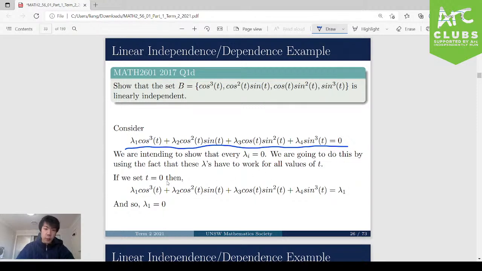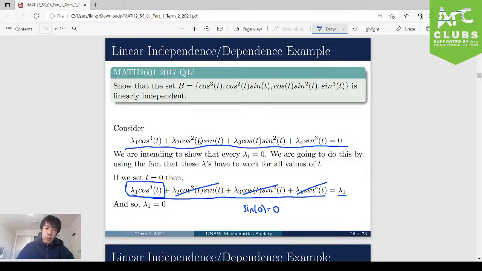So the first value we're going to sub in is t equals 0. And why we do this is because if you think about it, if I plug t equals 0 into the left-hand side here, all these terms will disappear because sine of 0 is 0. And the only term left would be this first term here, because cos of 0 is 1. That's why I have in the end here lambda 1.